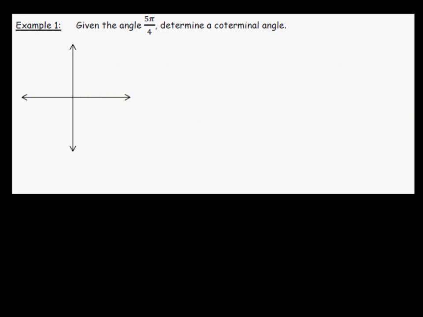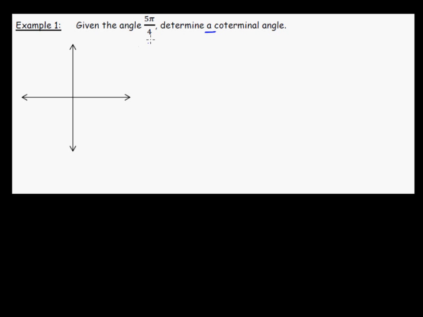Okay, here's the first example. Given the angle 5 pi by 4, determine a coterminal angle. It just says determine a coterminal angle, so we have some options here because there are multiple coterminal angles for a particular angle.